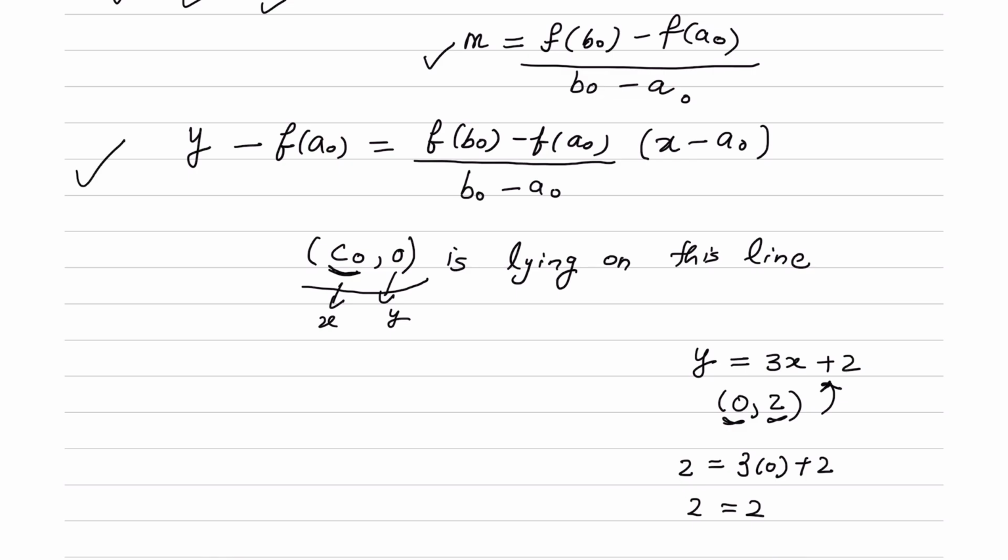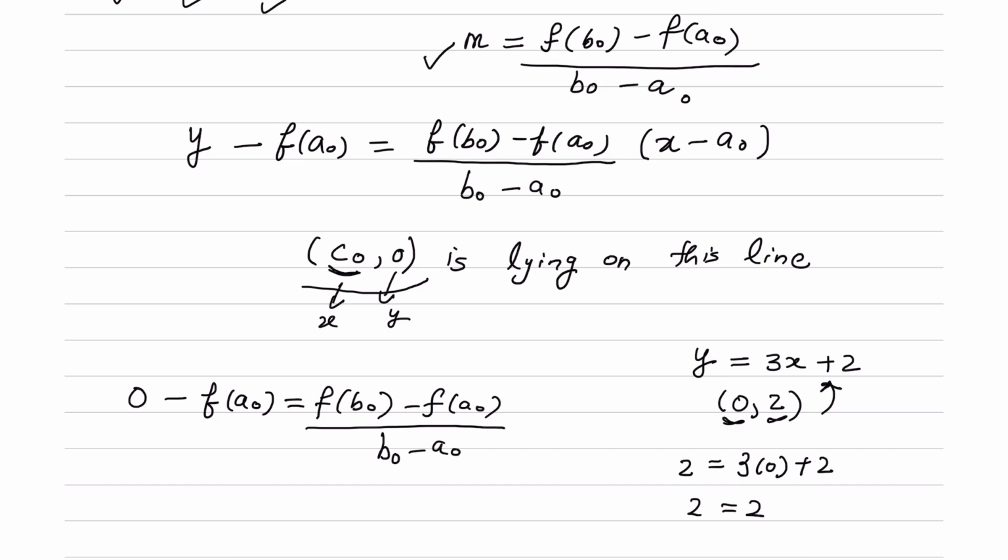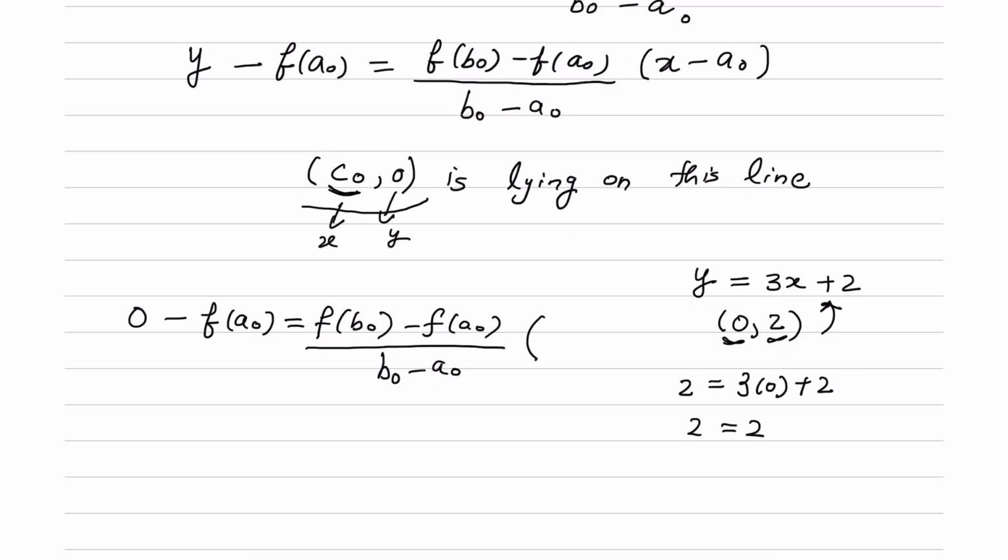In this straight line, y is 0 minus f of A0 is equal to f of B0 minus f of A0 whole divided by B0 minus A0, into, in the place of x you have C0 minus A0.